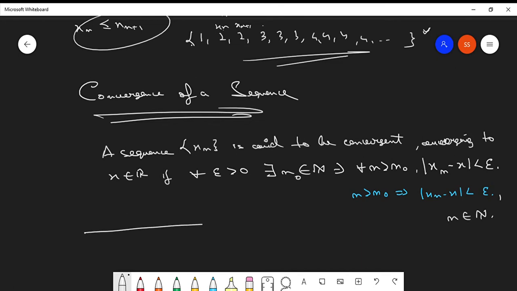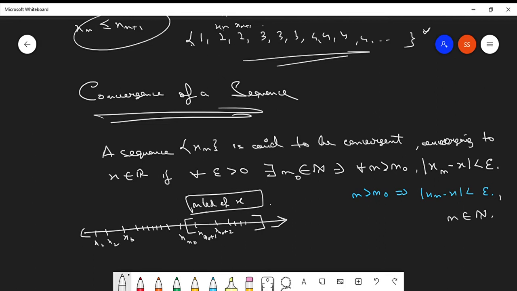So basically, suppose this is x1, this is x2, this is x3, and so on. We are continuing. For example, say this is n naught, and as the sequence crosses this n naught, every element, let's say this is x n naught plus 1, this is x n naught plus 2, and so on, gets trapped in the neighborhood of x.